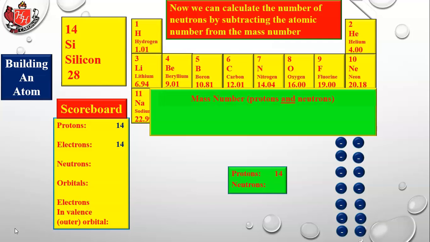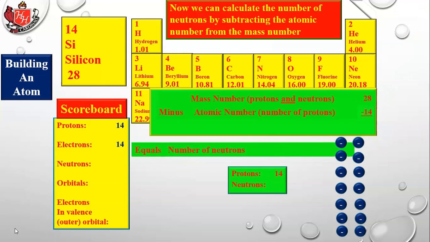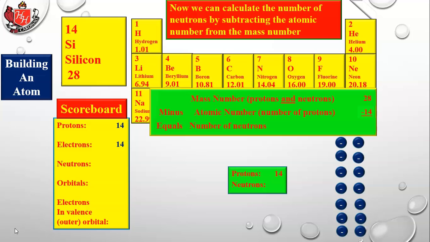The mass number is the number of protons and neutrons, and that's 28. You minus the atomic number, which we know is the number of protons alone, and that's 14. And when you do that subtraction, you get the number of neutrons. 28 minus 14 is 14.